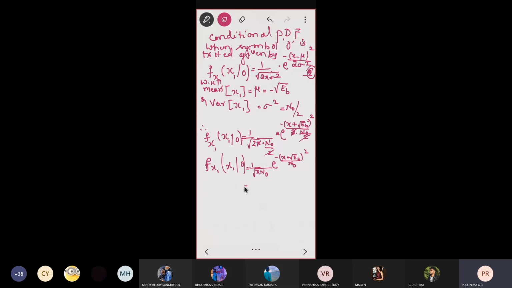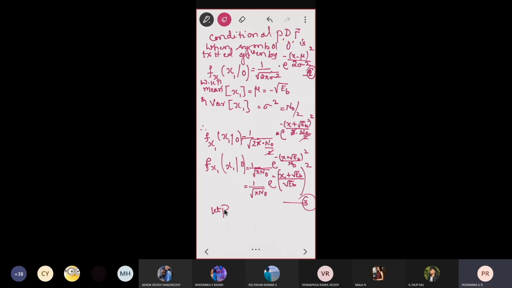Or you can rewrite this as 1 by root of pi N0, e to the power of minus (x plus root Eb) divided by root N0 whole square. Can I write it in this way?